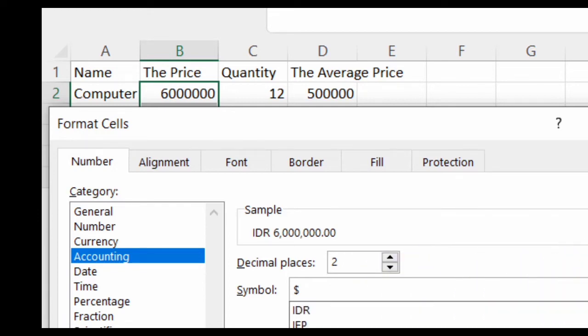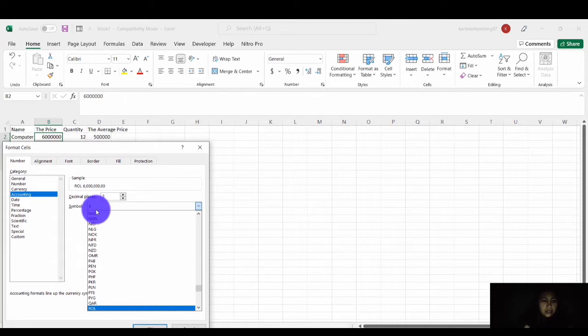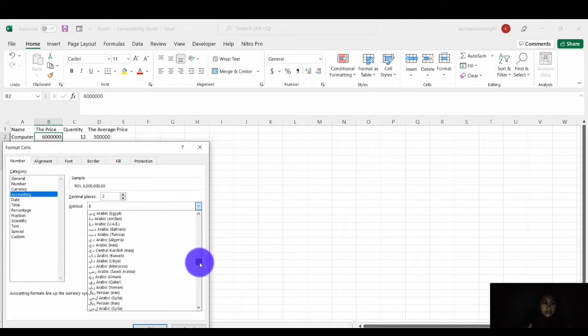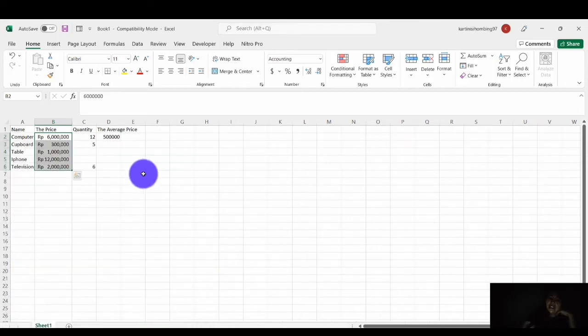You can search Rp, or find it by typing Indonesian, and then I don't want to make decimal places. I click OK, and then it's like this.